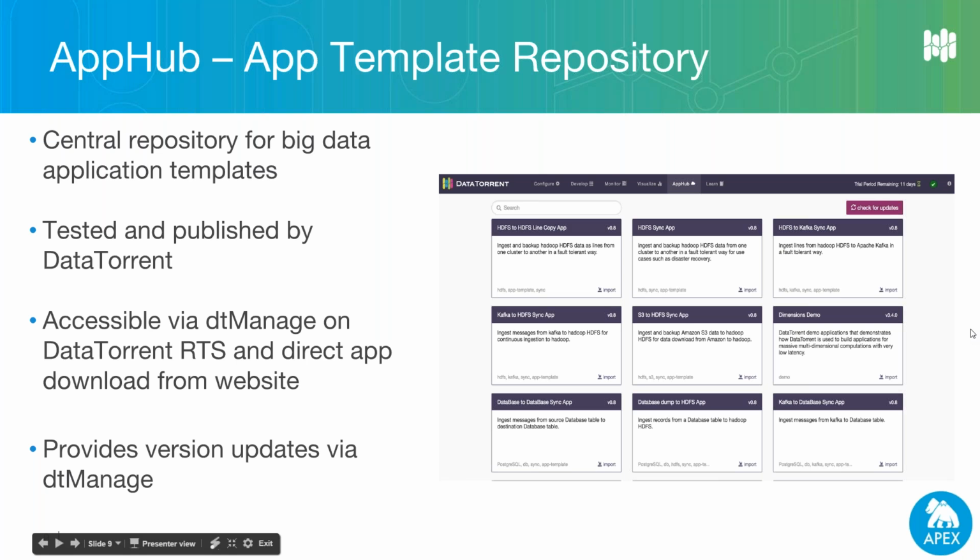This is tested and published by DataTorrent. It is accessible via DataTorrent RTS, or you can directly download from the datatorrent.com website. On the right hand side, the picture represents the AppHub.